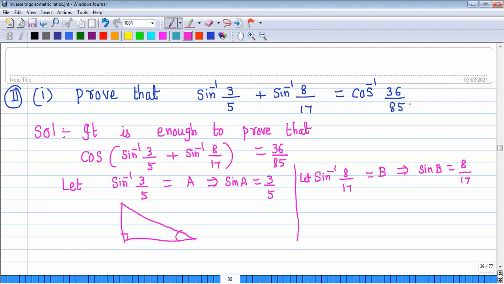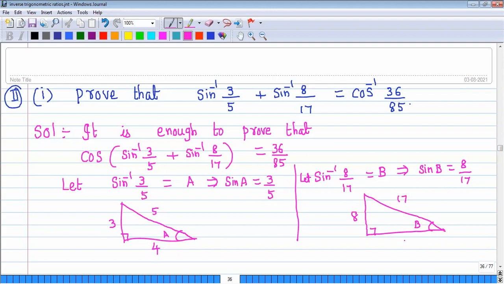Say angle A. Sin A means opposite side 3, hypotenuse 5. What will be the remaining side? 4. Now take another triangle, say angle B. This will be 8, this will be 17.